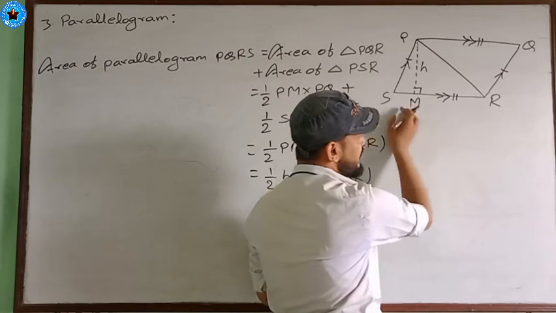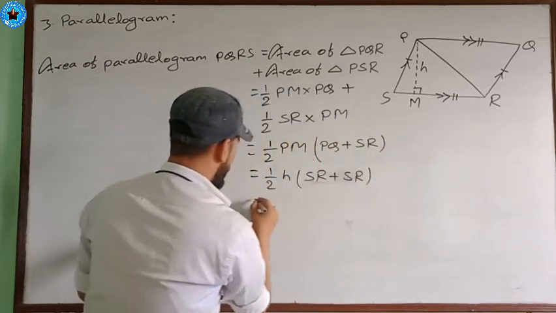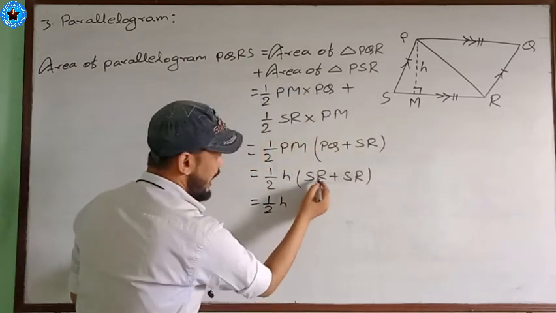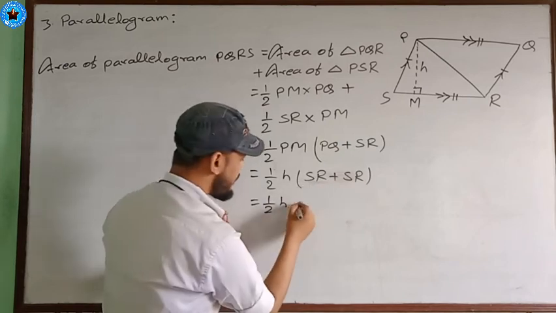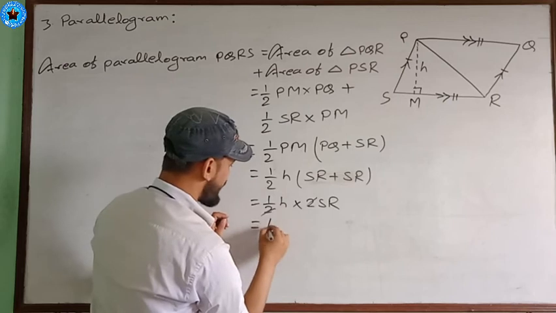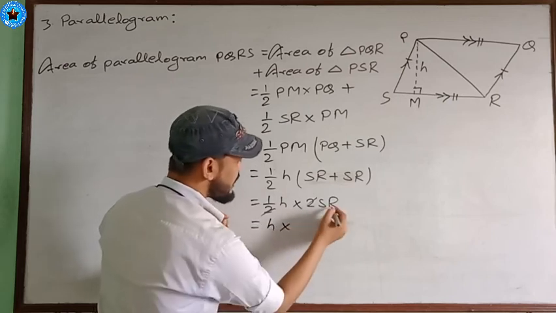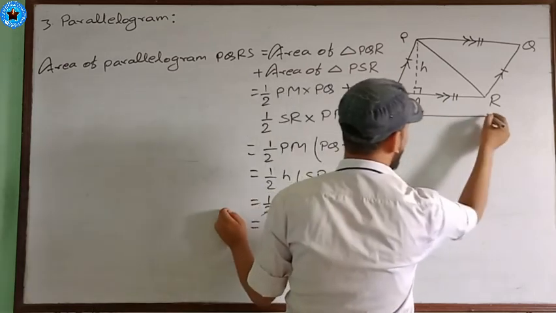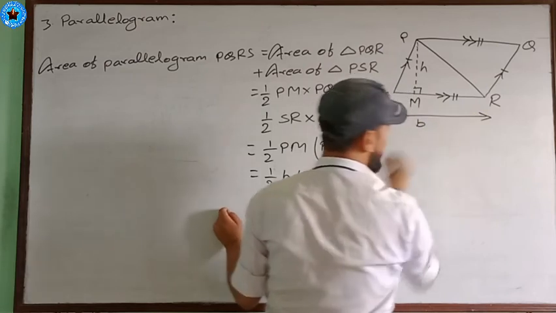If we consider this as the base, then we have half height times SR plus SR, which is 2SR. So the 2 cancels, leaving height into SR, that is the base.